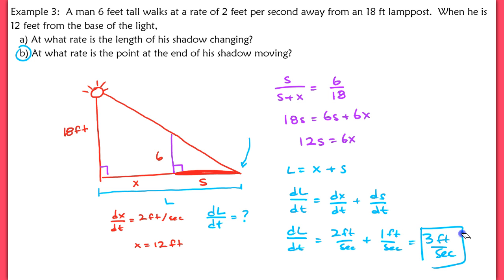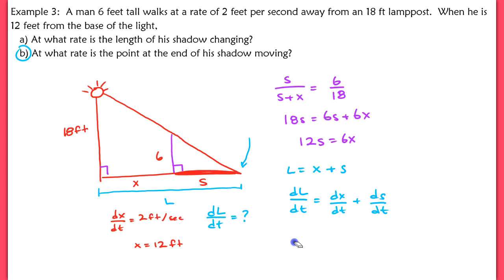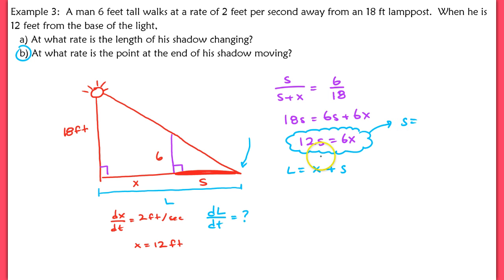Now, we can also use an alternative method here. Let me go back up to this original equation that we found, L is equal to x plus s. Let's try to rewrite this side in terms of just one variable as opposed to two, because there is a relationship between s and x. We found that before in our original equation. If I solve for s and divide by the 12, I end up with 1/2 x.